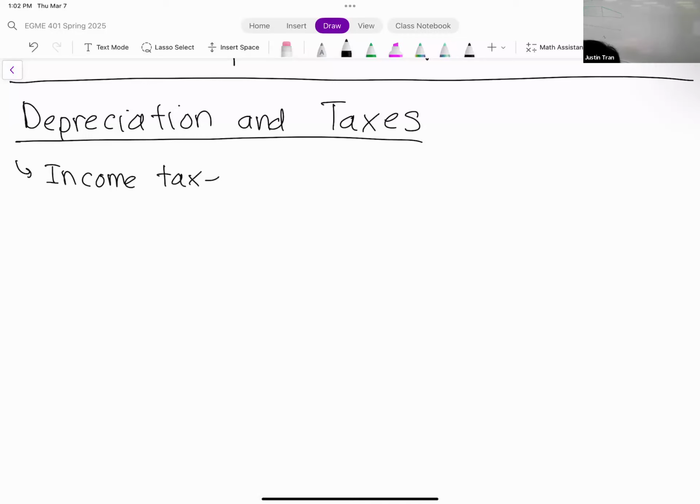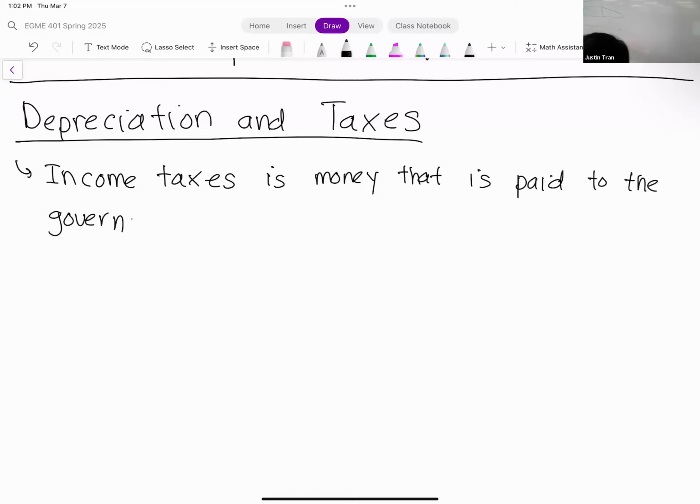Just to refresh your memory, the main taxes that we'll be talking about are primarily income taxes. There are all different kinds of tax in the world, such as sales tax and property tax, but we're specifically focusing on income tax. Income tax is money that's paid to the government. The government uses that money to pay for public services like police, fire department, and road construction.